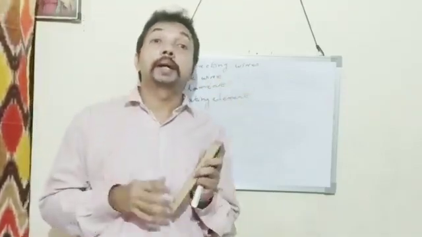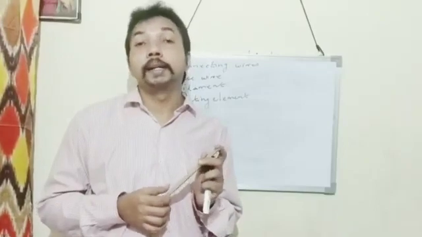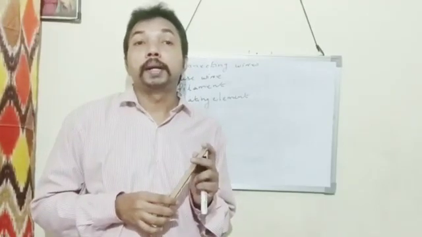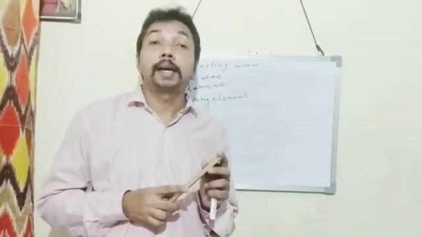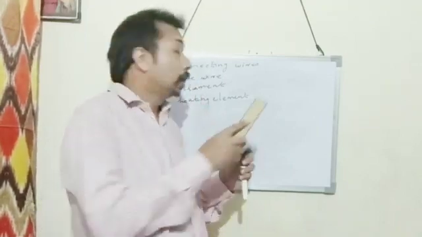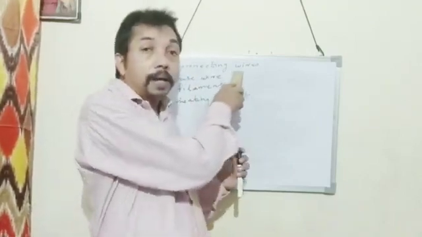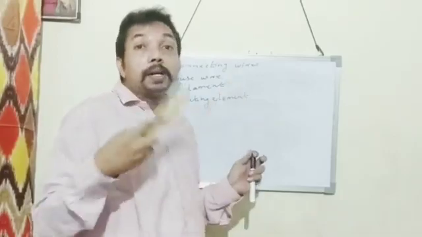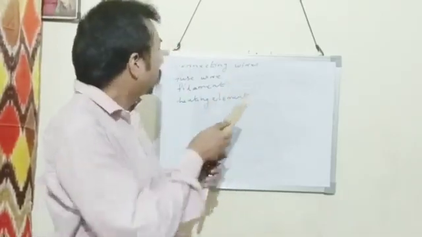Fuse wire is made up of an alloy of lead and tin, because this alloy has a low melting point and high resistance.